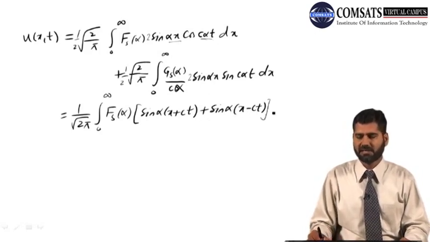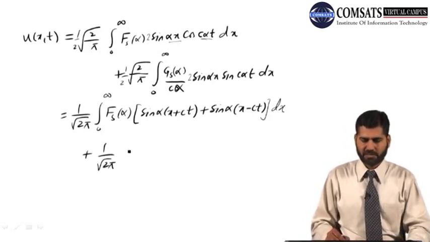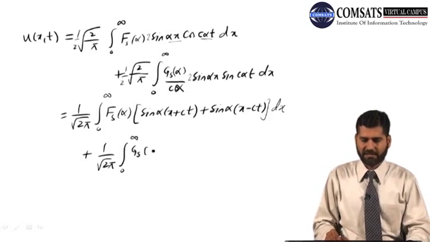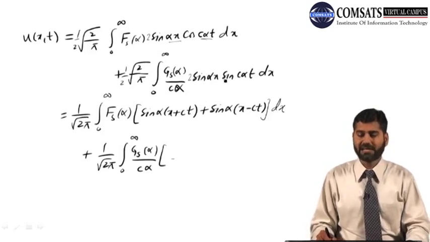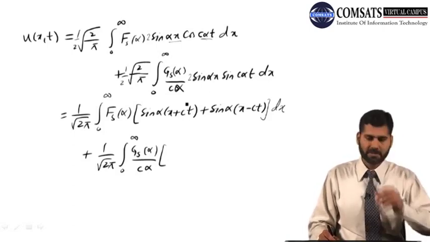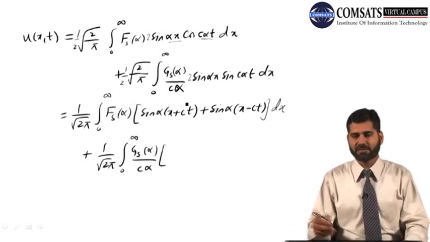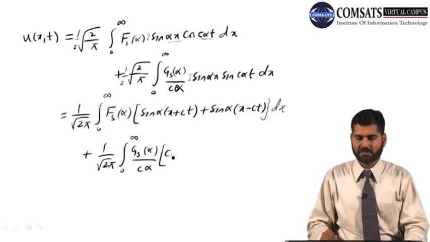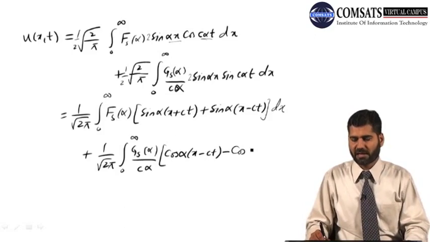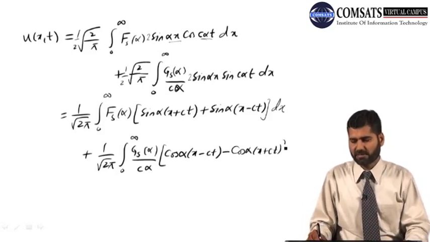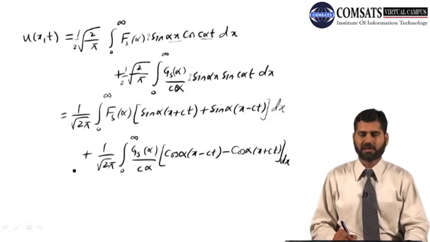Once again, it's 1 over 2 times the integral from 0 to infinity of G_s(alpha) over c alpha, and here 2 sine into sine becomes cosine minus cosine. Cosine of the difference comes first and cosine of the sum comes afterward. So cosine alpha(x minus ct) first and minus cosine alpha(x plus ct) afterwards. So this is what I got.